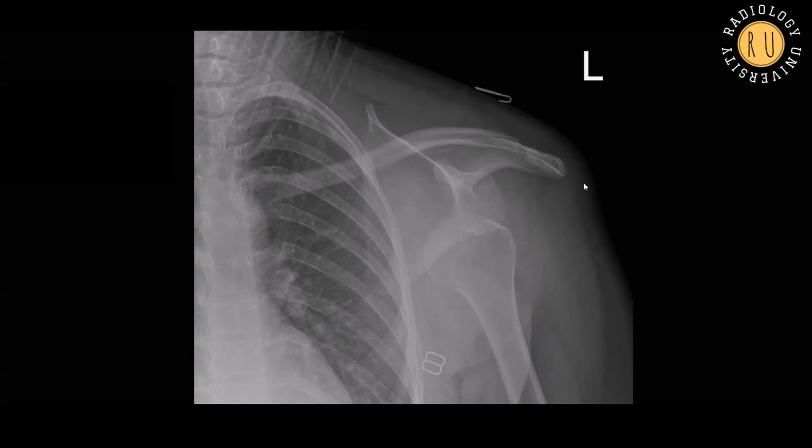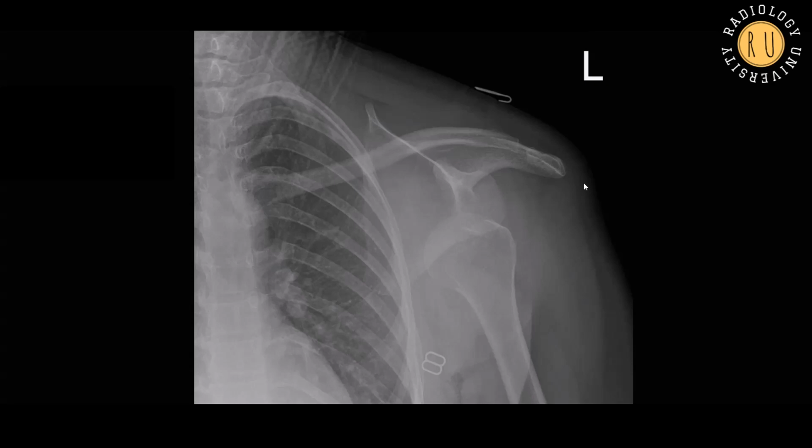Very good. Otherwise there's no pneumothorax. I can't see any displaced rib fractures. The AC joint is in normal position. So in summary, this patient presented with right shoulder pain.